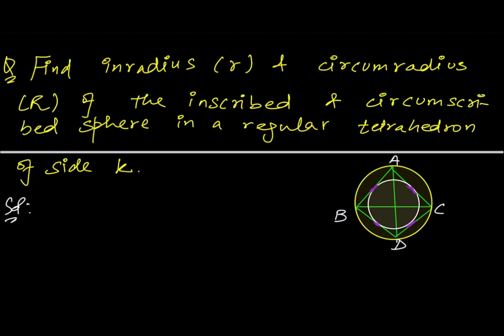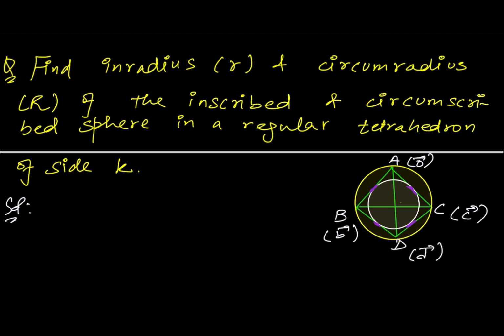Okay, now according to question, let's say for the sake of calculation, I'm taking position vector of A as null vector. Position vector of B is B vector, position vector of C is C vector, and position vector of D is D vector. As we know, centroid is the center for inscribed and circumscribed spheres, both these spheres.